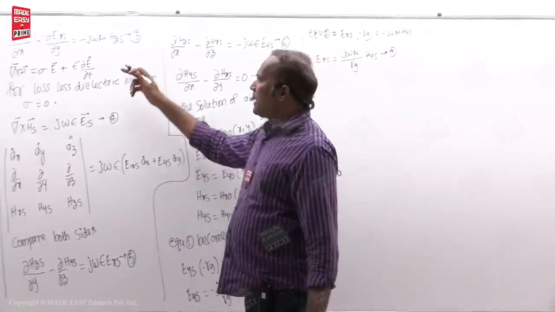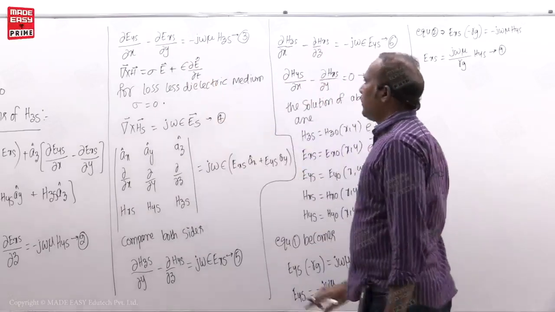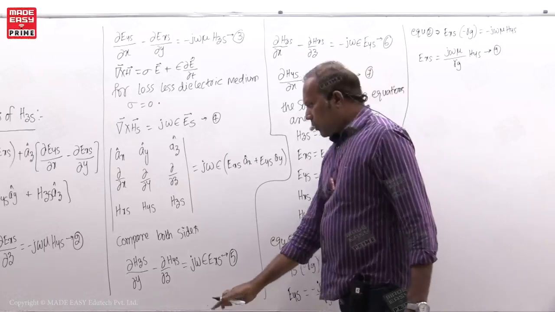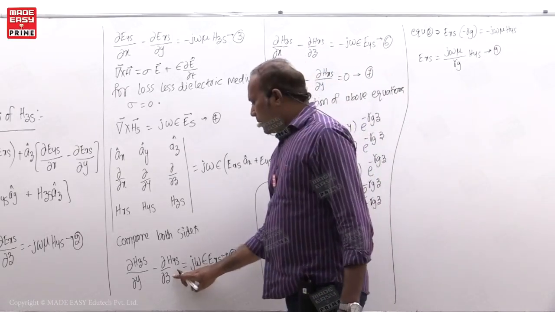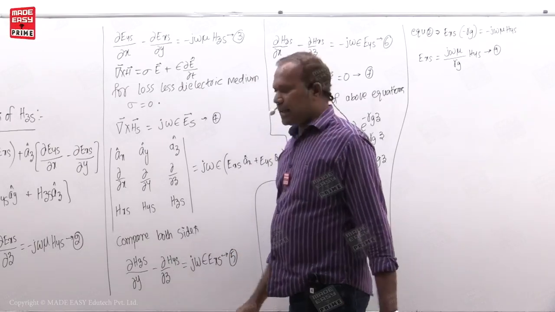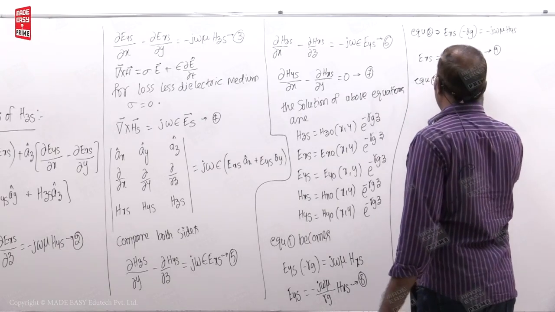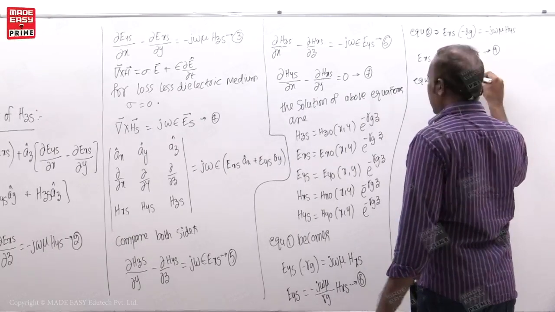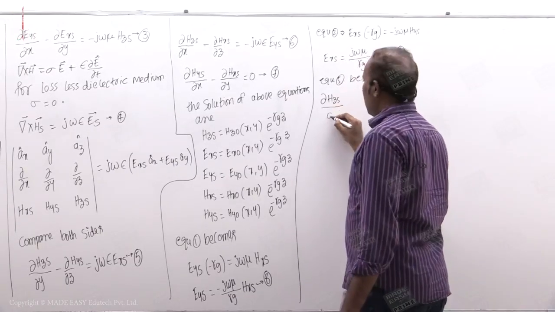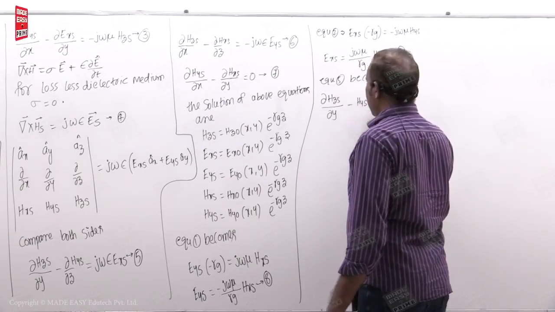Next, equation 3. In this there is no dou by dou z, so nothing will happen to that. Let it be like that. Next one, equation 5. Here dou by dou z is there. That means wherever dou by dou z is there, same term comes, beside that minus gamma g comes. So equation 5 becomes dou Hz divided by dou y minus of Hys.